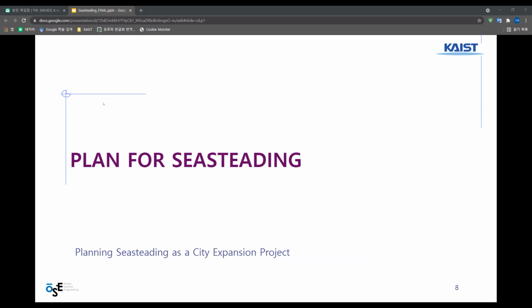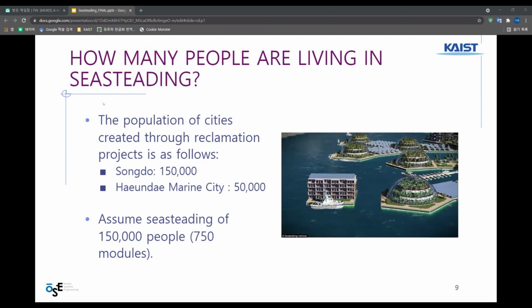And I am going to present our plan for the system. Incheon and Busan, which we compared the prices of before, both cities have a reclamation project. For Songdo, 115,000 people remain. For Marine City, Busan Haeundae, 5,000 people remain.